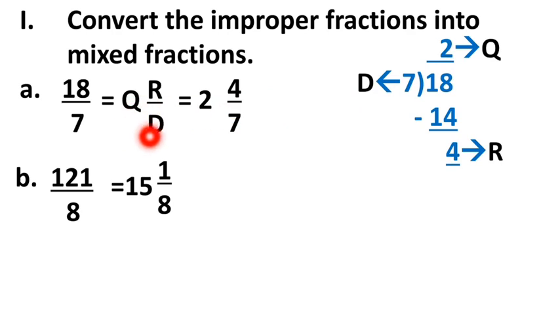So you arrange the number in Q, R by D. So 2 is the whole part, that is the quotient, and 4 is the remainder over the divisor 7, that is the fraction part, 2 4 by 7. Then B, 121 by 8 is equal to 15 1 by 8. You have to divide the value like that, you will get this answer.